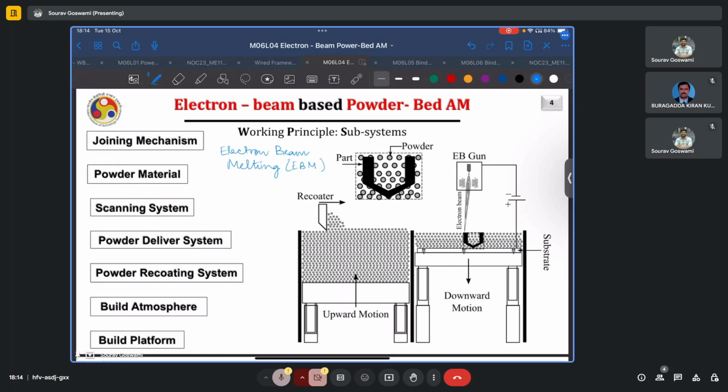Electrons, as we know, transfer energy to the substrate or to the layer to be deposited by virtue of their low mass and high velocities. That is, they transfer kinetic energy for the purpose of melting of the powders. Also, as we can see, just like the laser beam based powder bed AM processes, explicit support structures need not always be required, as the surrounding loose powder will act as a support.